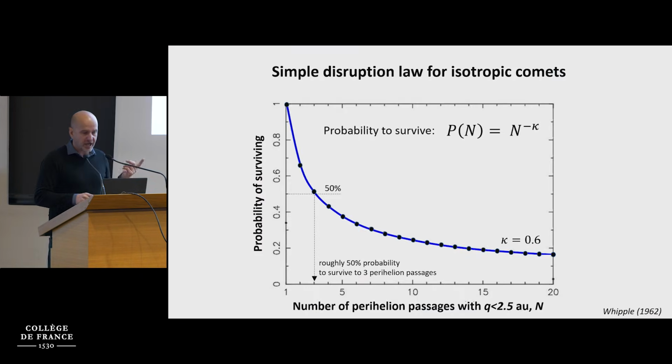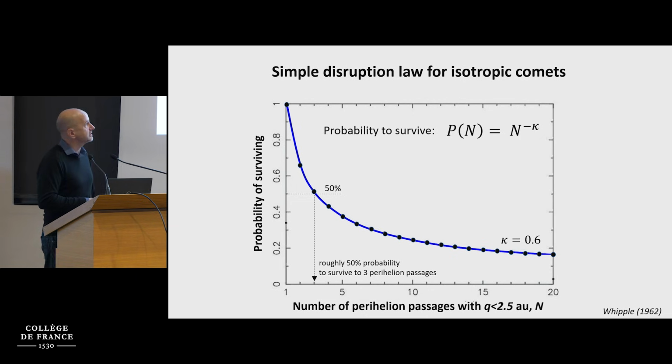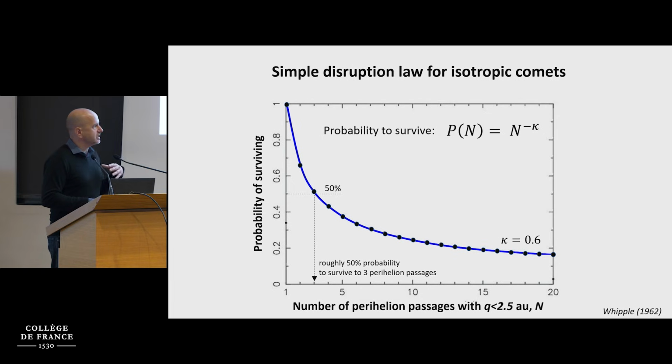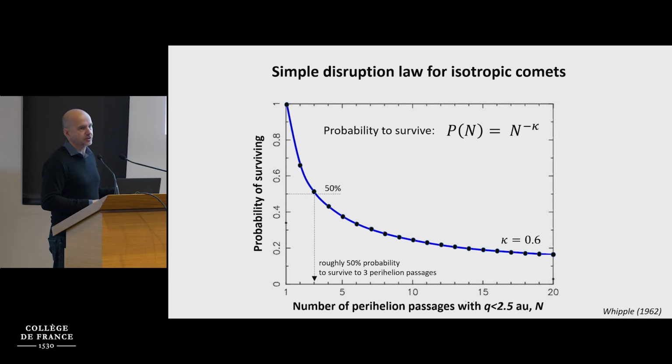So to account for the physical disruption of the isotropic comets so that we can fit the observations, usually we assume the simplest possible disruption law, which goes all the way back to Whipple.